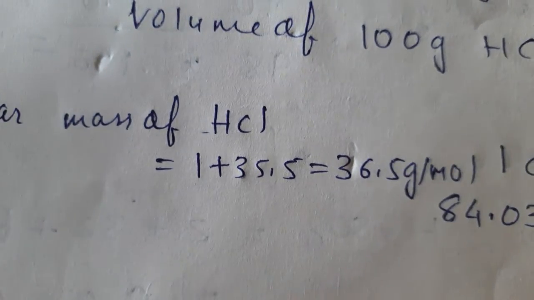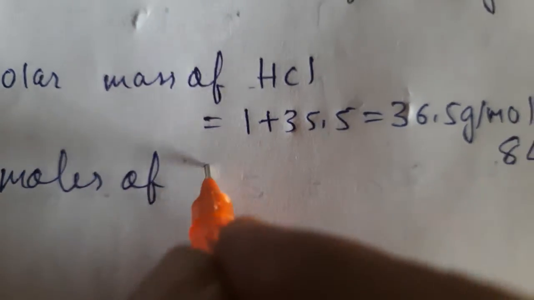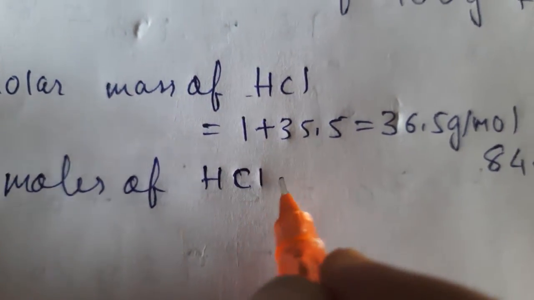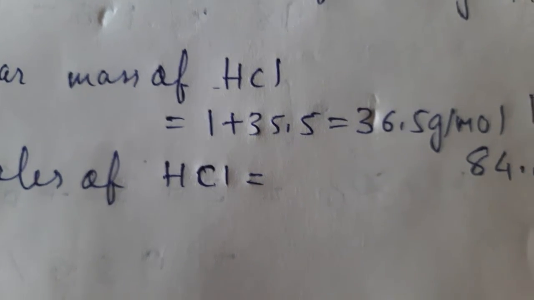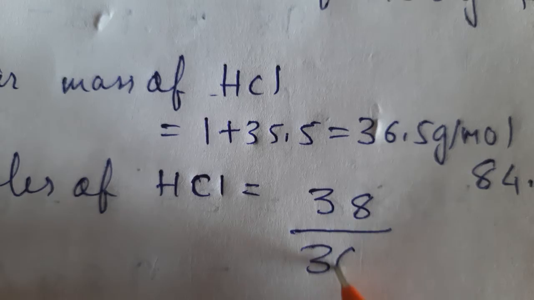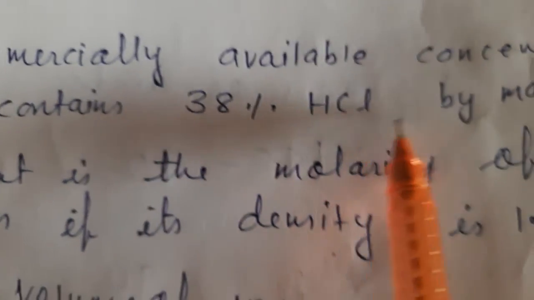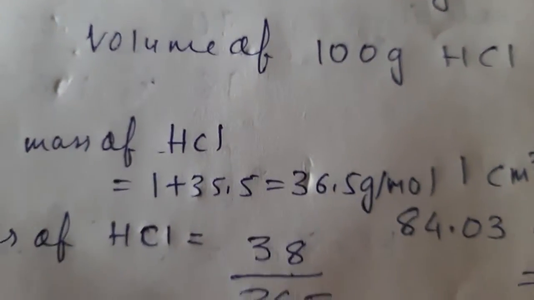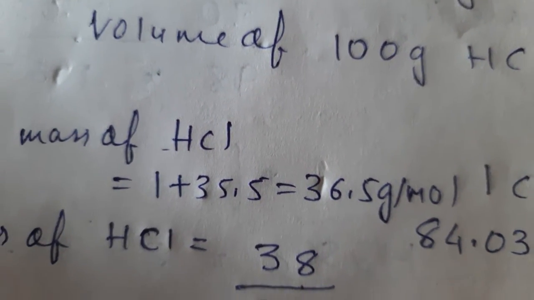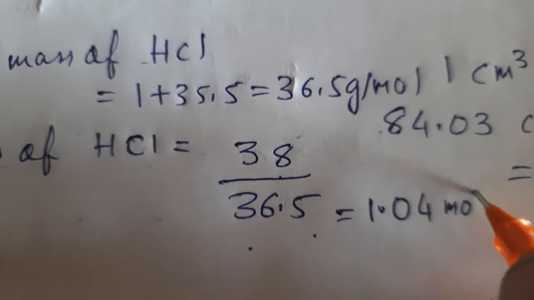Then moles of HCl is equal to the mass given of HCl, 38, divided by 36.5. From where did 38 come? In the question only it is written 38% HCl. So 38 divided by 36.5 will give you near about 1.04 moles.